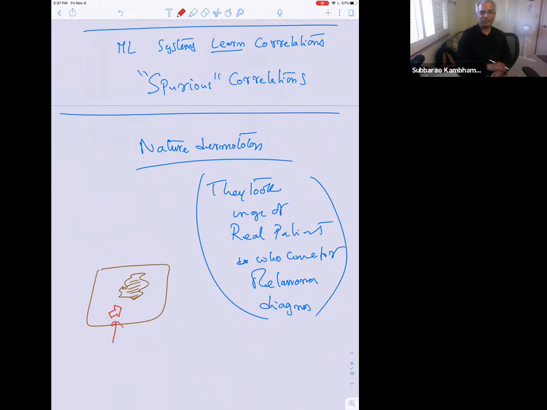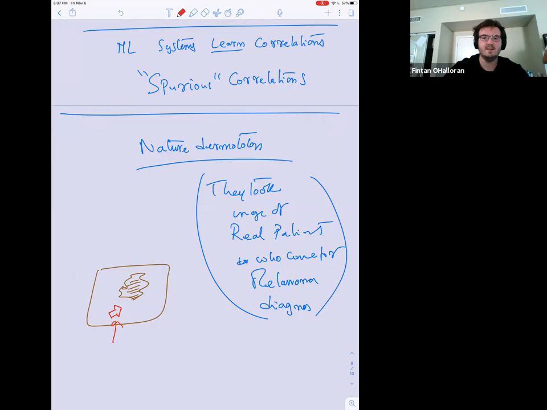Now, can you guys guess what happened? I mean, can you imagine if you get melanoma with an arrow and then all you need to see is the arrow, right? So what do you think happened in this case? I think the doctors had already made a diagnosis and then the machine was just looking for the arrow.